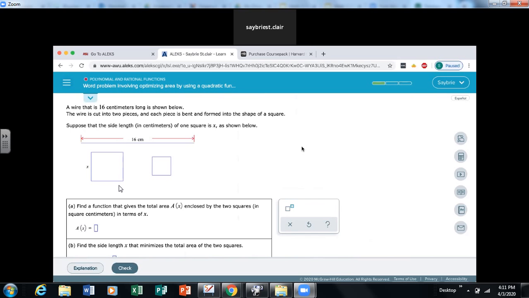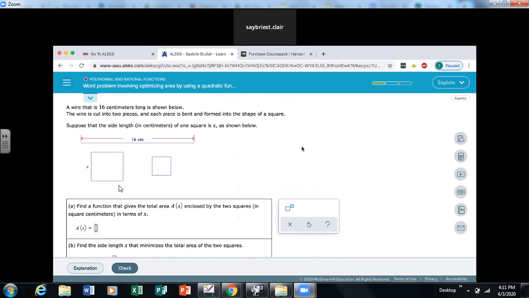So the x by x is the original, but if you have that 16 centimeter piece, whatever's left of it, 16 minus x, that's going to be for the second shape.